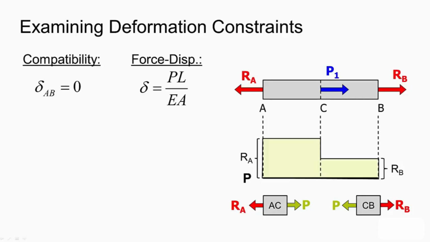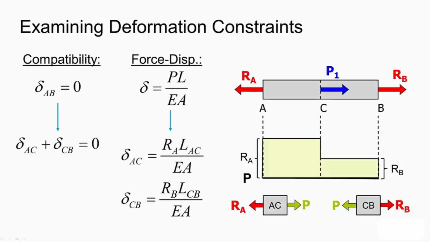Thus, we can break up the problem into two axial loaded members in series and decompose the compatibility equation into two elongations, delta AC and delta CB, and they have to sum to equal 0. We can then formulate two force displacement relationships for length AC and length CB as shown here.